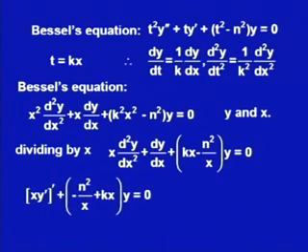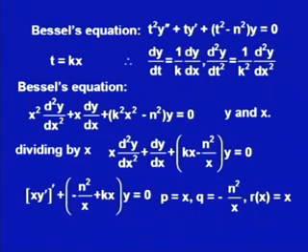So, we get (x y')' plus (minus n square upon x plus k square x) y is equal to 0. If I compare with p(x), q(x) and lambda, we get p(x) equal to x, q(x) as minus n square upon x and r(x) as x, and of course, lambda is k square. Then this is also a Sturm-Liouville equation.